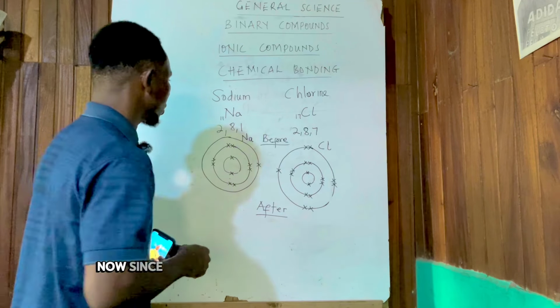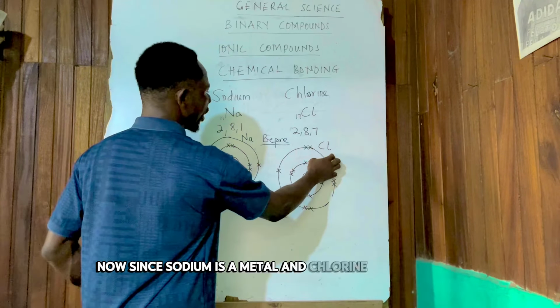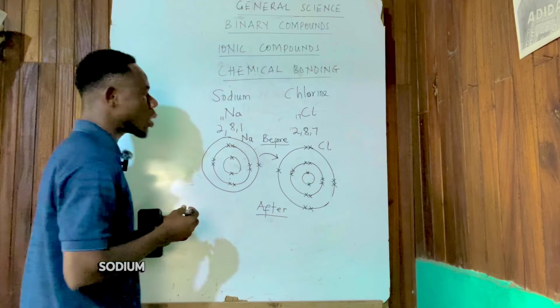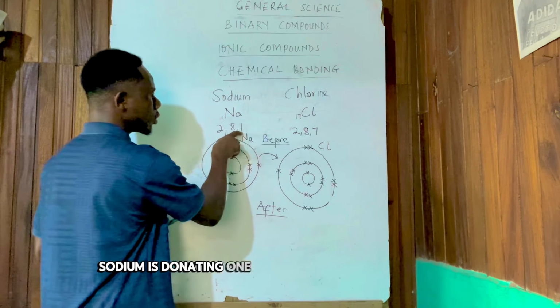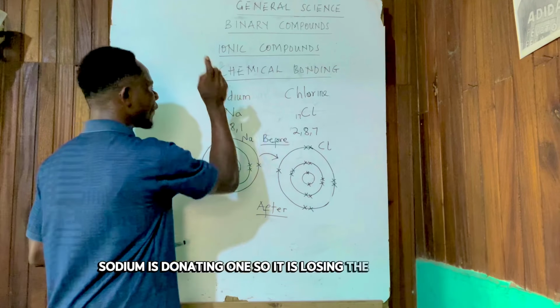Now, since sodium is a metal and chlorine is a non-metal, sodium is donating 1. It is losing its last valence electron, which is 1, to chlorine. Chlorine will now accept the 1. Are you getting it?